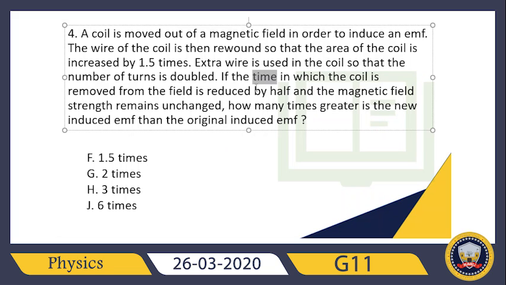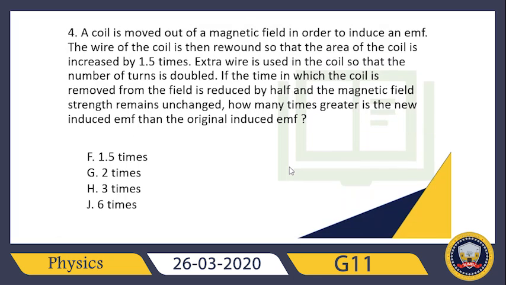And the magnetic field strength, which means B, remains unchanged, so it's the same B. How many times greater is the new induced electromotive force than the original induced electromotive force? So we have three givens, don't forget. The area increased by 1.5 times, the number of turns N is doubled, and the time is reduced by half, so times 0.5. Try to find the answer.